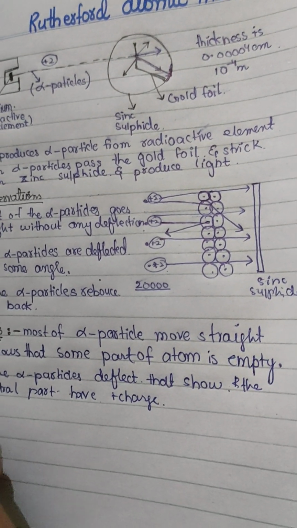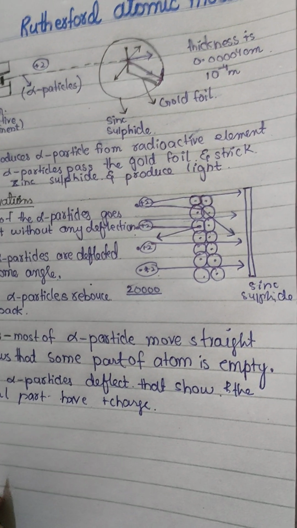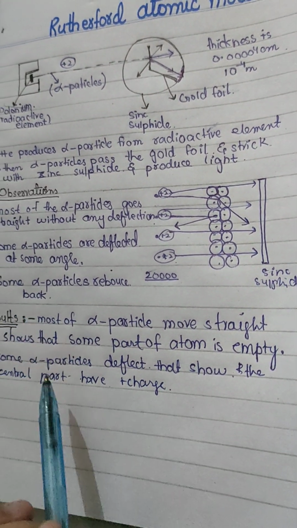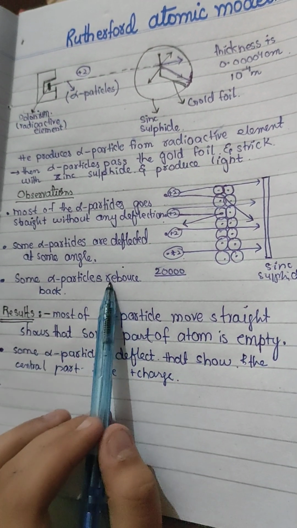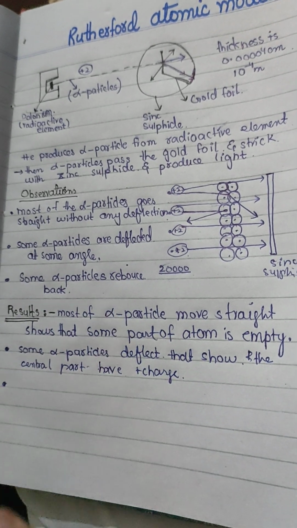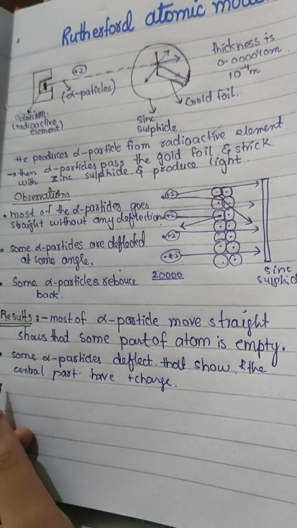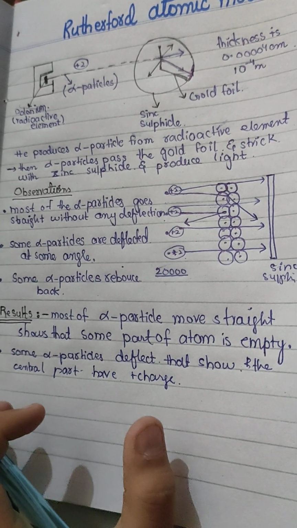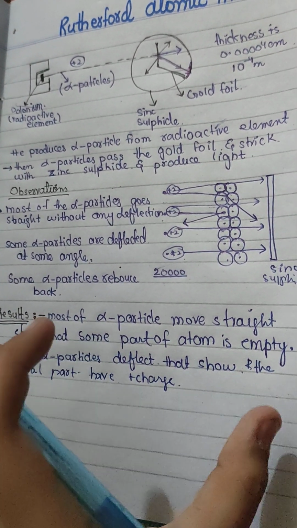Fine. After that, he says another point. After looking at the third observation, some alpha particles rebound back. At this point he said the bounce back of some alpha particles shows that the nucleus of an atom is dense, right?